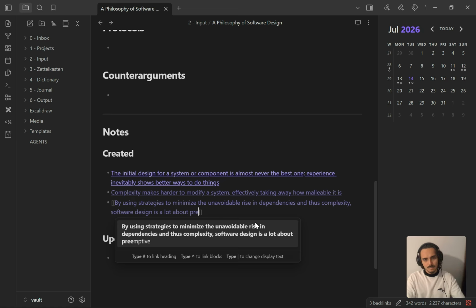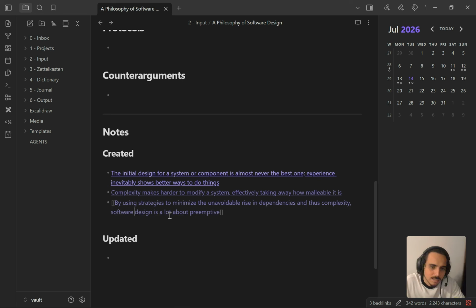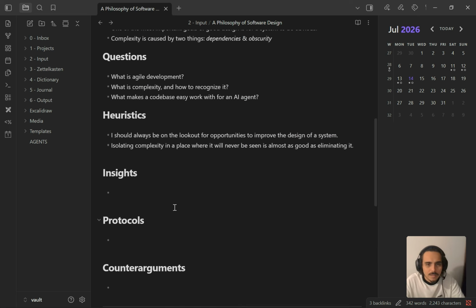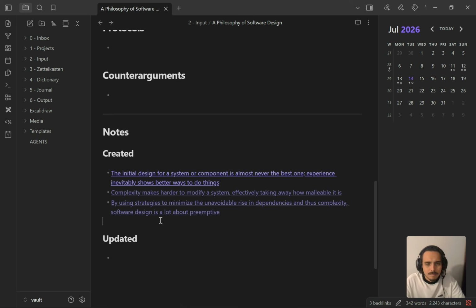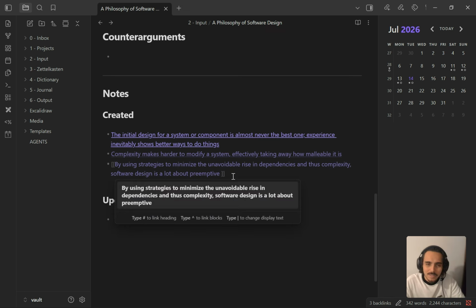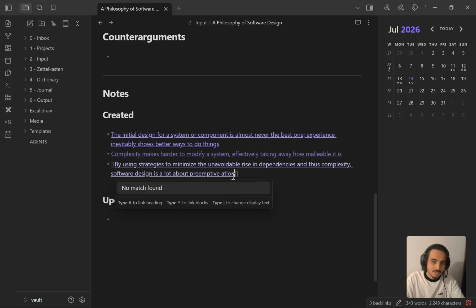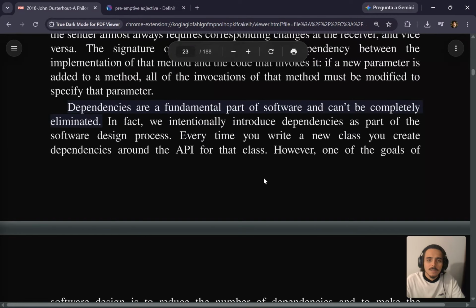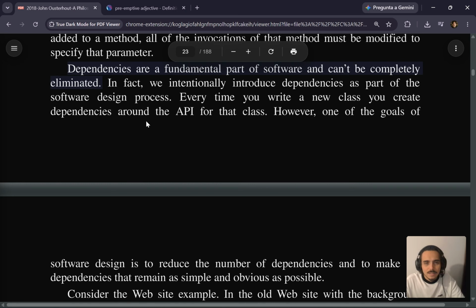Prevention. Yeah, let's leave it like that, tentatively. Wait, we are missing one word here. It's all about preemptive actions. In fact, we intentionally, okay, yes.